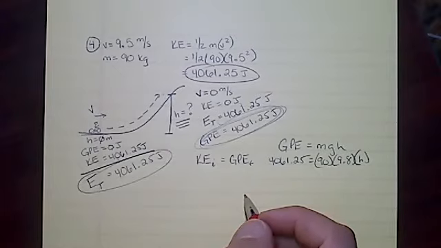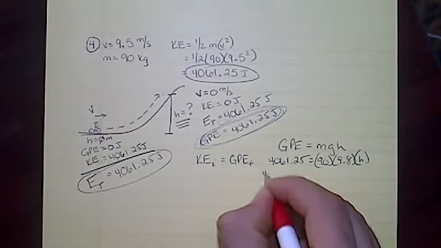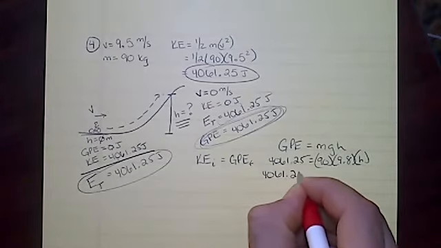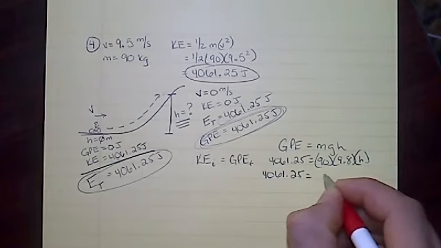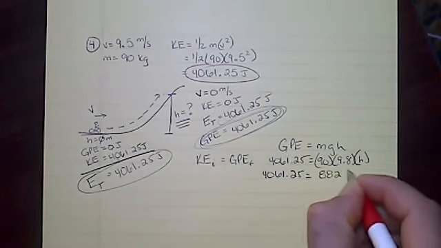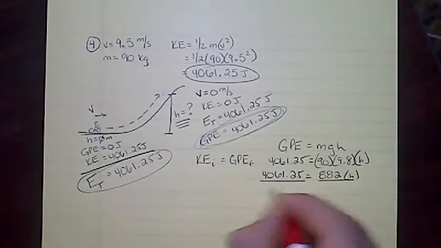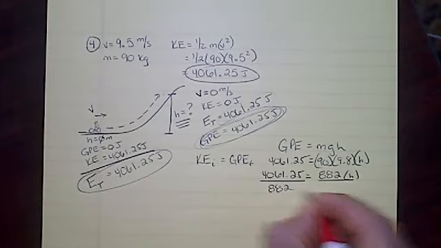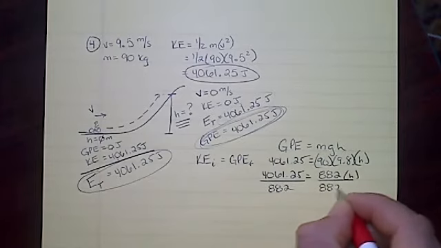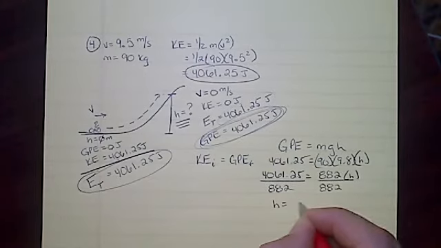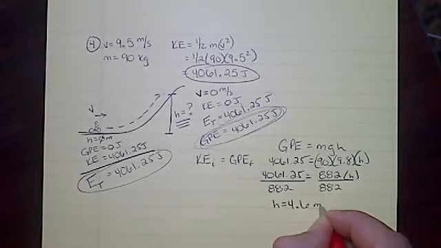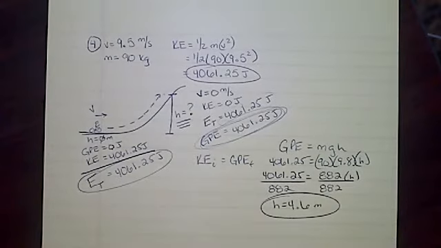Going through here, we will find that 4061.25 equals 882 times h. Very good. We divide. Very proud of you guys. You're doing all wonderfully. And we find a height of 4.6 meters. That is the height that he will reach. All right, and that is number 4.